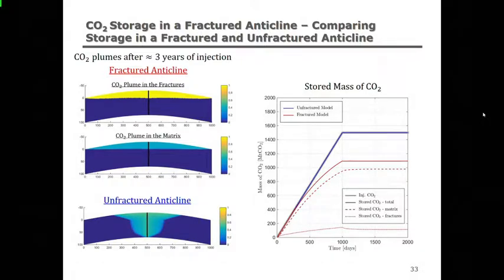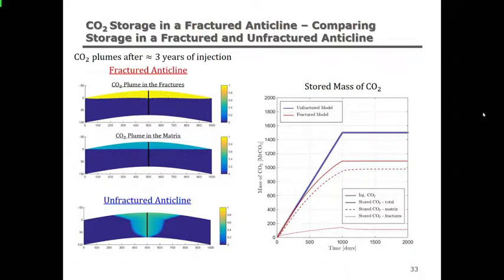Now that means that the CO2 can actually escape here at the edges. This is something that we want to avoid, because that means we lose control over the CO2, and that might lead to contamination of neighboring potable aquifers or detrimental effects if we have a gas reservoir next to it.